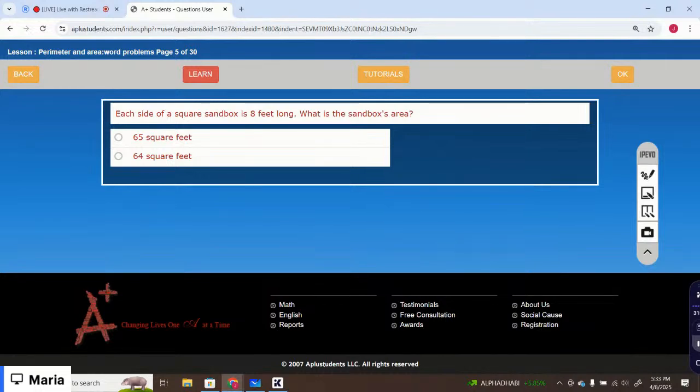Each side of a square sandbox is 8 feet long. What is the sandbox area?